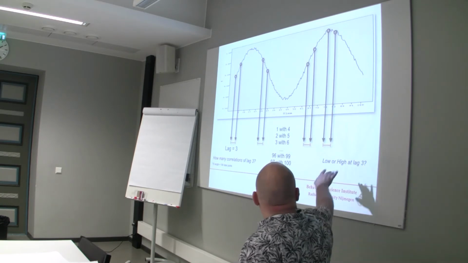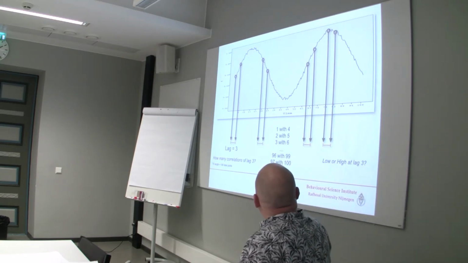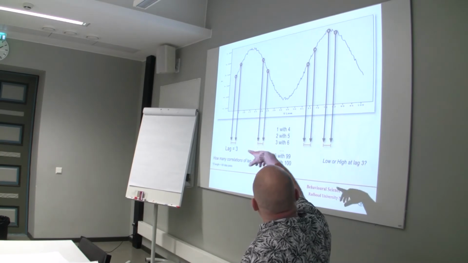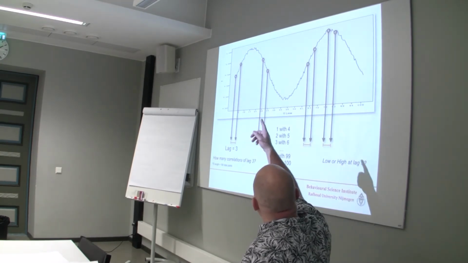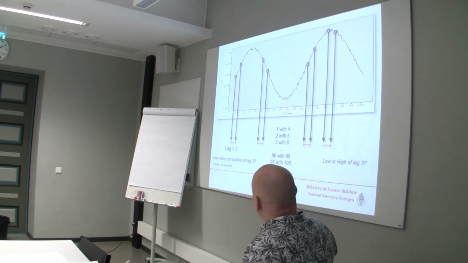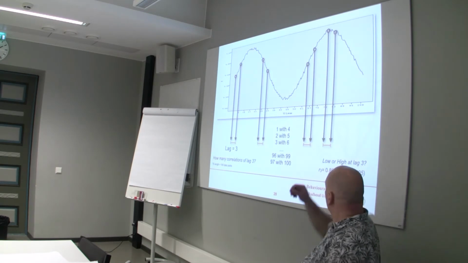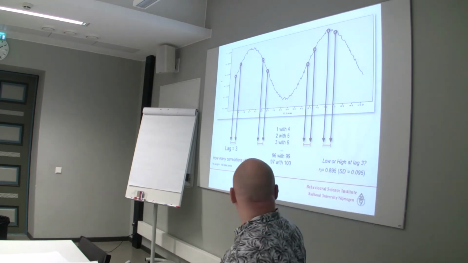And then you can figure out whether you have a high or a low correlation at Lag-3, for instance. Well, most of the time, when one is low, the other one will be high, and when one is high, the other one will be low. So yeah, it will be pretty high. So the Lag-3 correlation here will be actually almost 0.1.